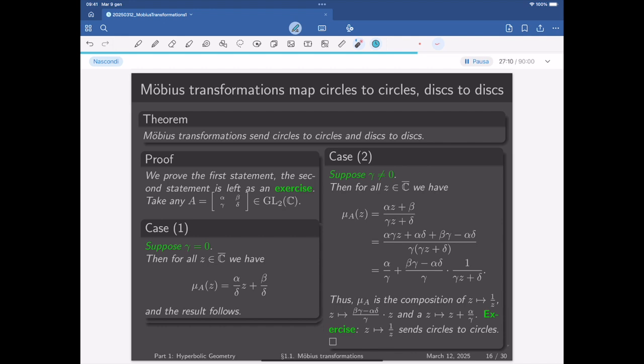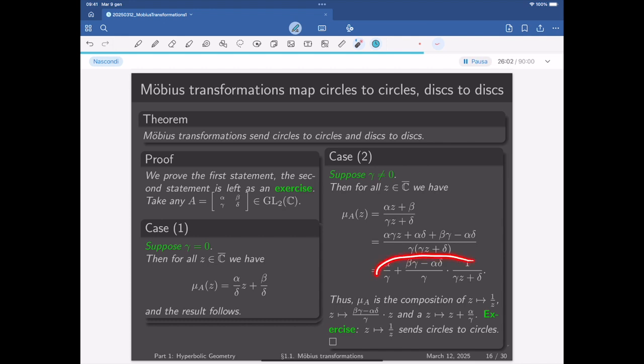First I multiply by gamma in the numerator and in the denominator. After doing that, I have gamma on the bottom, and on top I have alpha gamma zeta plus beta gamma. Then I add a zero, alpha delta minus alpha delta. Once I do that, I split, and I notice that this is equal to this expression.